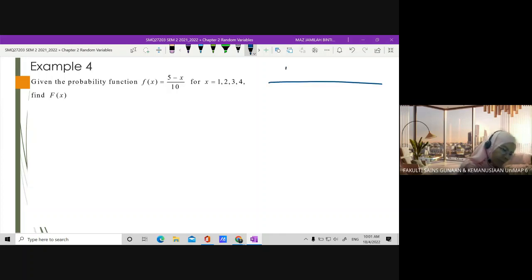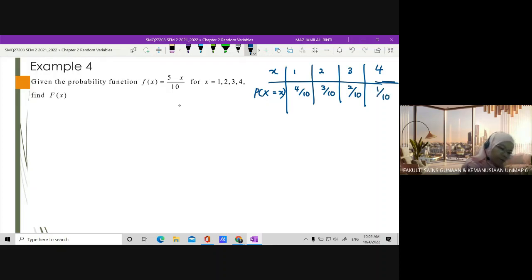So we have our x here, and then our x begins from 1, 2, 3, and 4. Okay, and we have our P(x). If x is equal to 1, we have 4 over 10. x is equal to 2, we have 3 over 10. 3, we have 2 over 10. 4, we have 1 over 10. Add them all, we get 10 over 10.